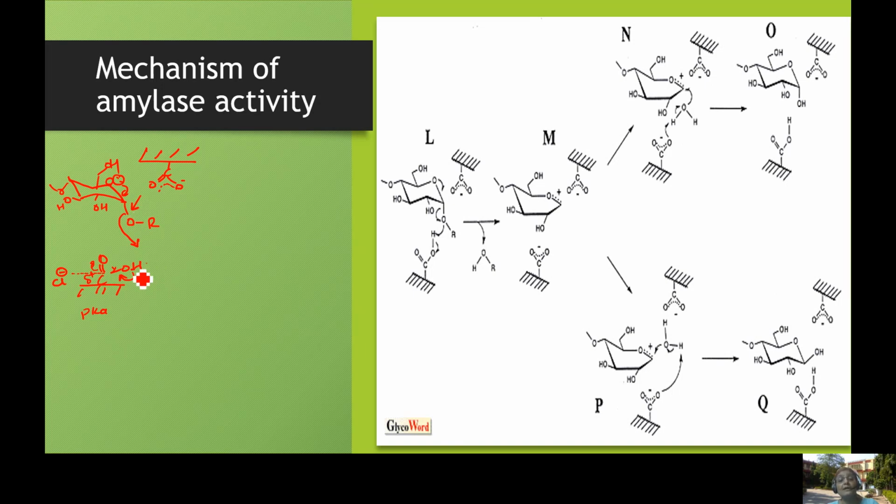If this proton is not available at the optimum pH of the enzyme, then the hydrolysis of the 1,4-glycosidic linkage will not take place. So what chloride ion does is it is increasing the pKa of this carboxylic group so that the proton is available for the cleavage of the glycosidic linkage.